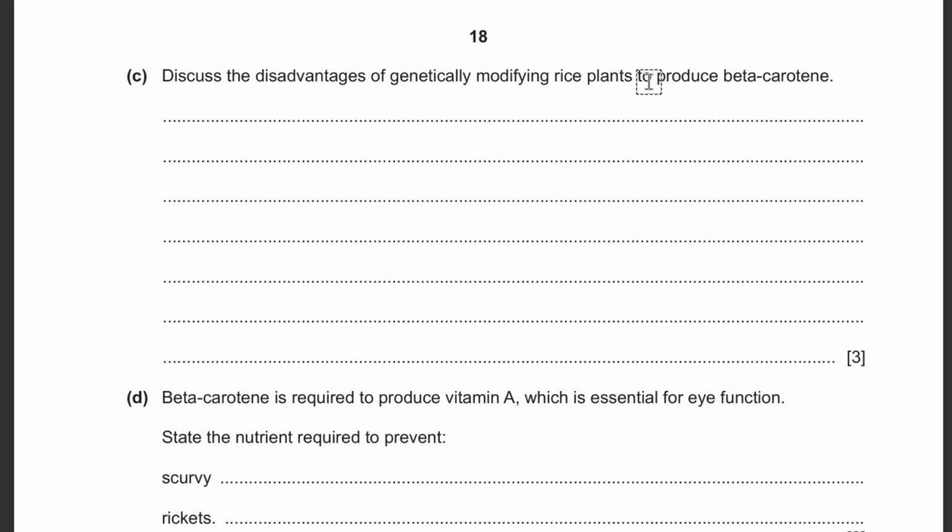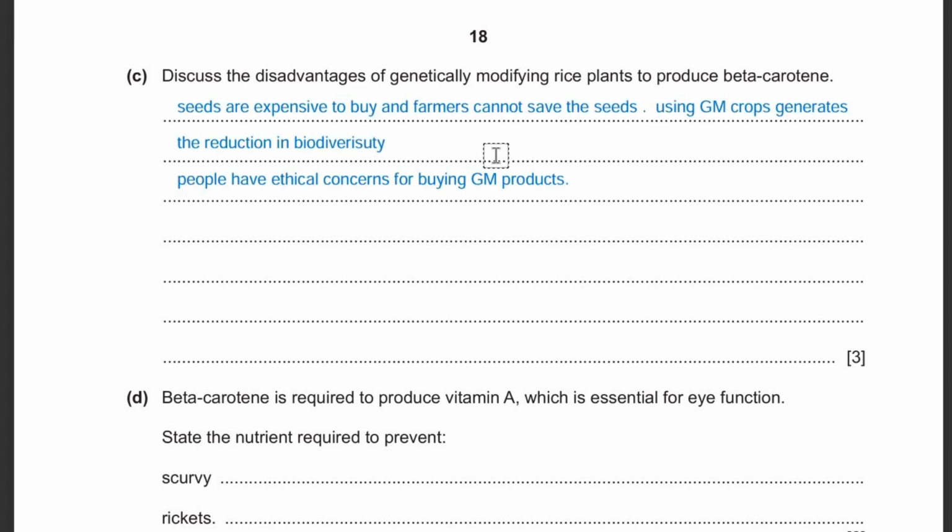So these were some of the reasons. Along with this, there are also ethical concerns. Regardless of whether you're using bacteria or humans, people have ethical concerns about buying genetically modified products. All right, so you can read the answer from here that carries 3 marks.